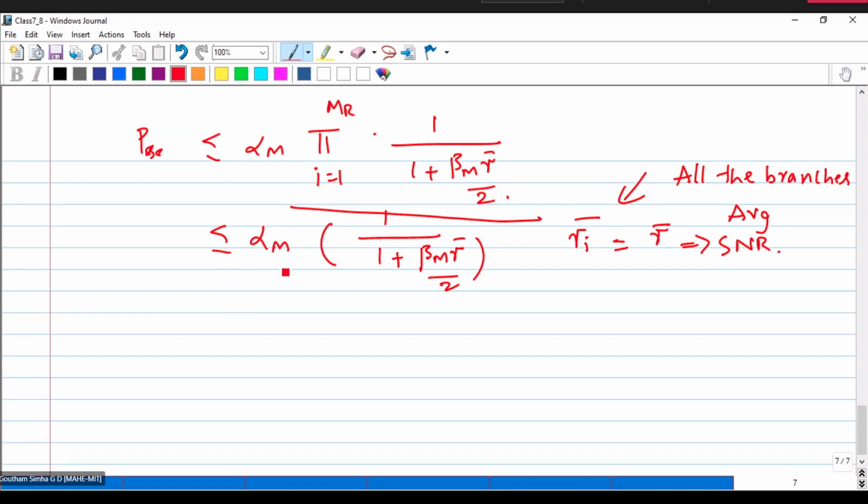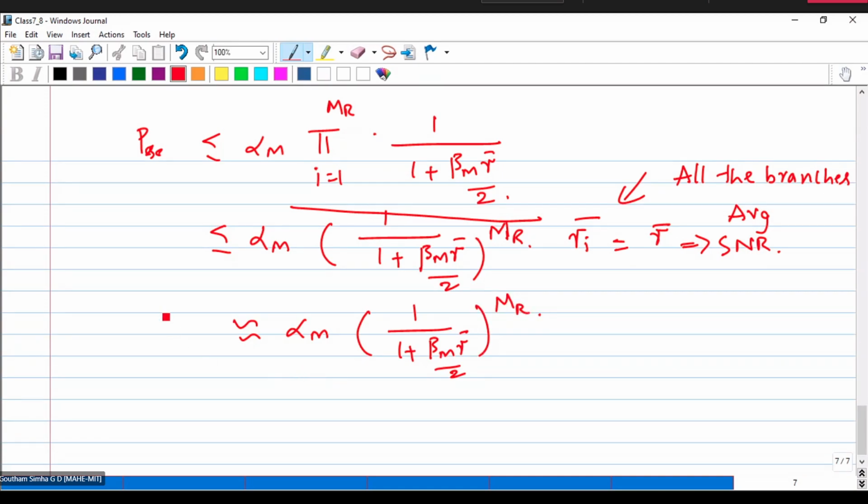That is less than or equal to alpha m into 1 by 1 plus beta m gamma bar by 2, the whole to the power of Mr. This can also be simplified and written as an approximate solution: alpha m into 1 by 1 plus beta m gamma bar by 2, the whole to the power of Mr.